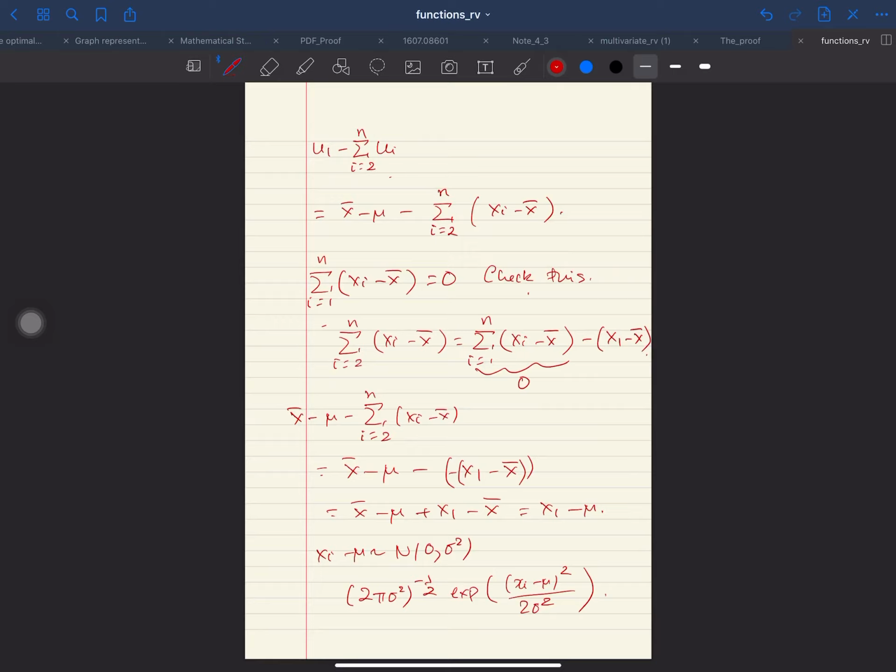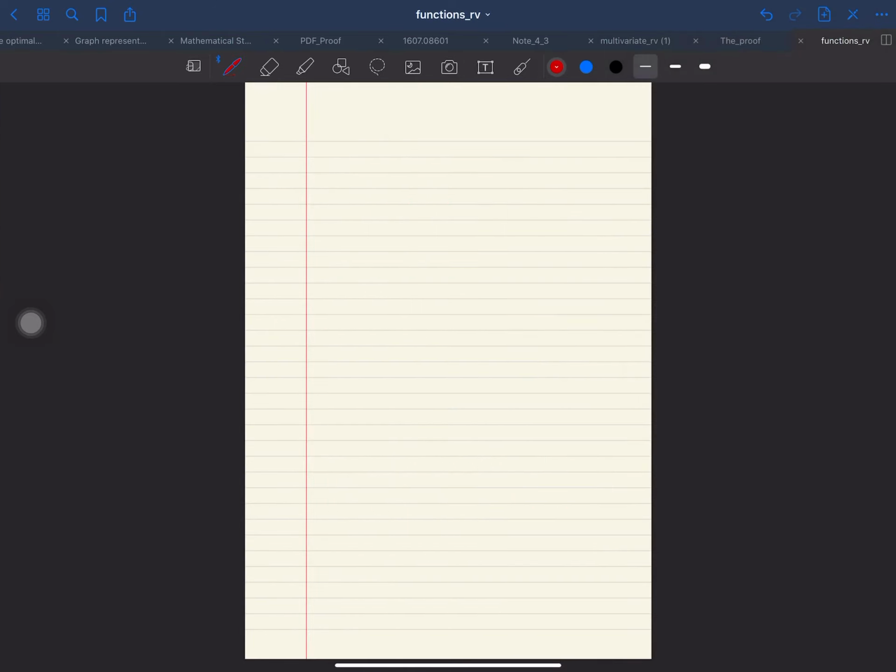But what about it? The determinant of the Jacobian does not depend on u. That is because the transformation is linear. The inverse transformation looks like xi is some linear combination. So as we see, say x2 minus mu is u2 plus u1.